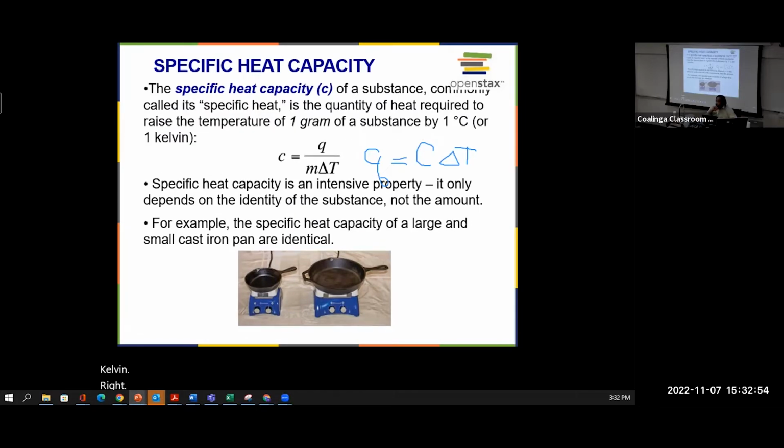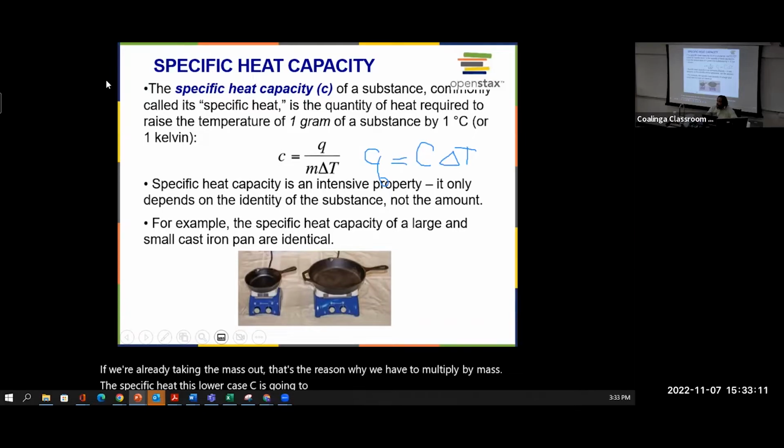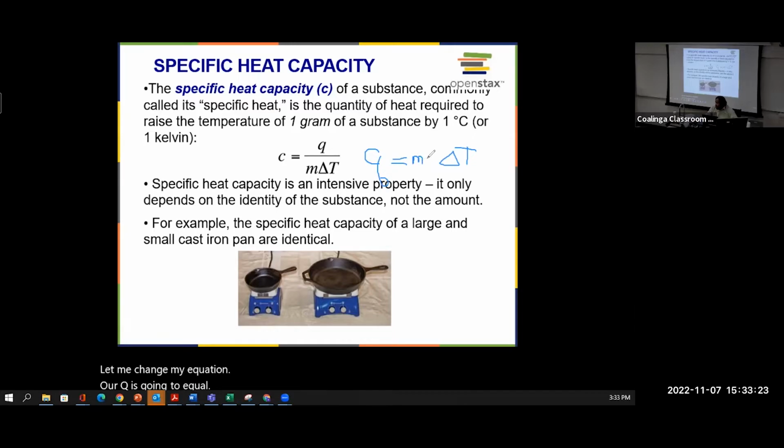Now, specific heat. Specific heat basically means that we're taking mass out. If we're already taking the mass out, that's the reason why we have to multiply by mass. The specific heat, this lowercase c, is going to be in my equation: Q equals m c delta T, where m represents the mass, and now we're using a small c to represent the specific heat capacity.